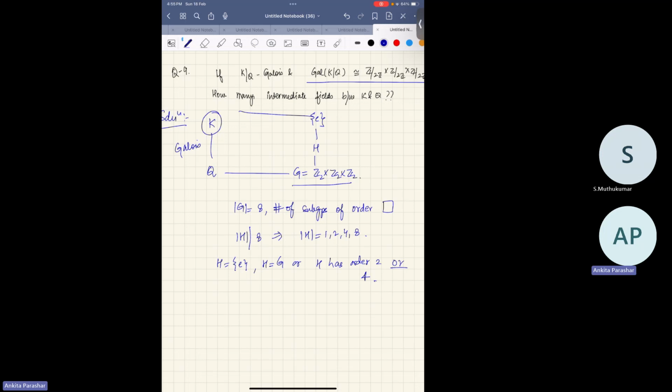Look at the group Z2 cross Z2 cross Z2 carefully. It has a certain good property, which we have discussed some time back.